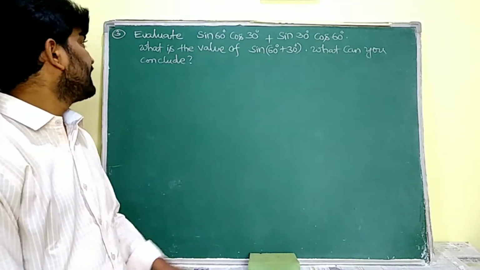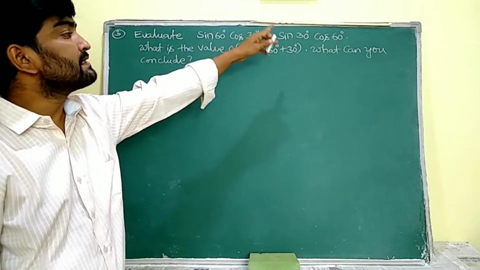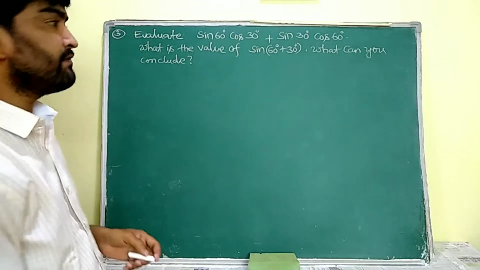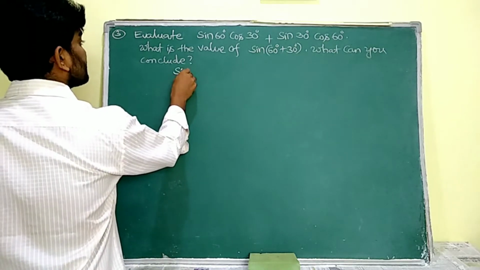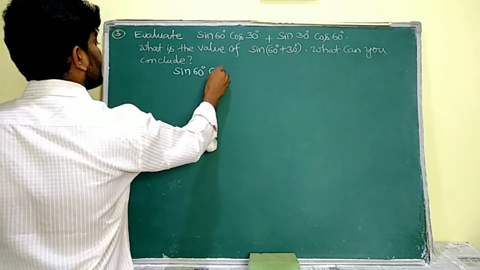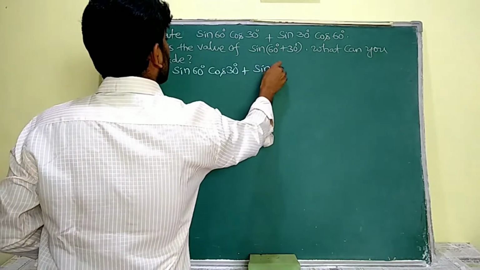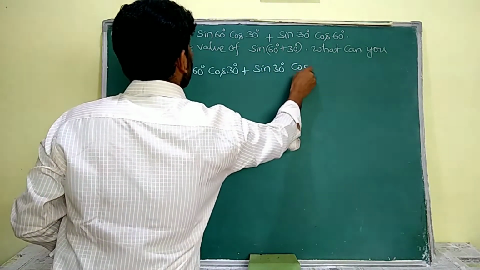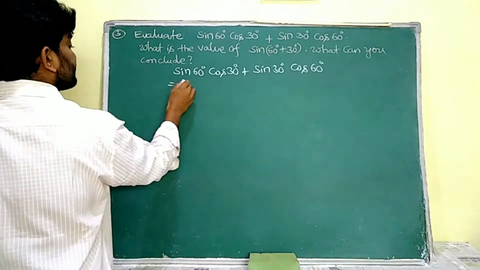Evaluate sin 60 cos 30 plus sin 30 cos 60. That's our first question. Its value is going to be evaluated first.